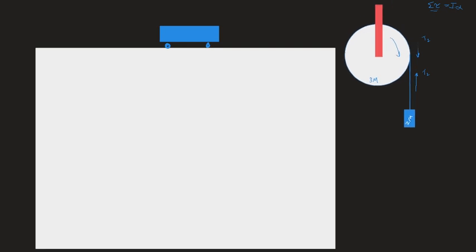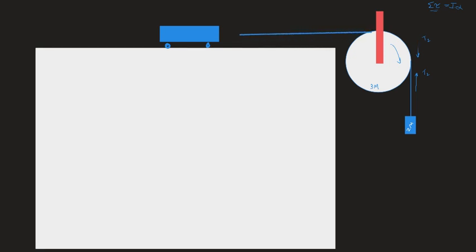It's not happening as fast as I want. I know I'm limited on time, but if you have this kind of arrangement, this is an Atwood machine. We did this first semester.